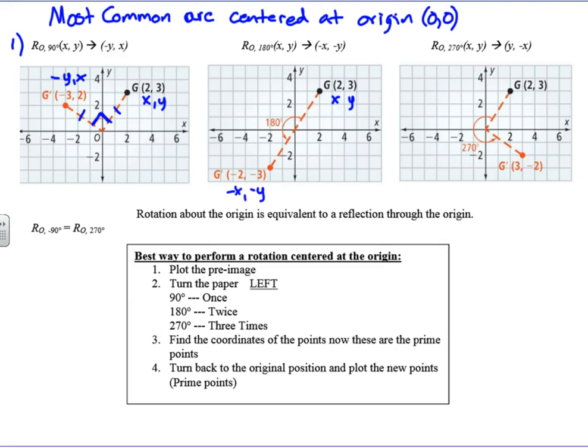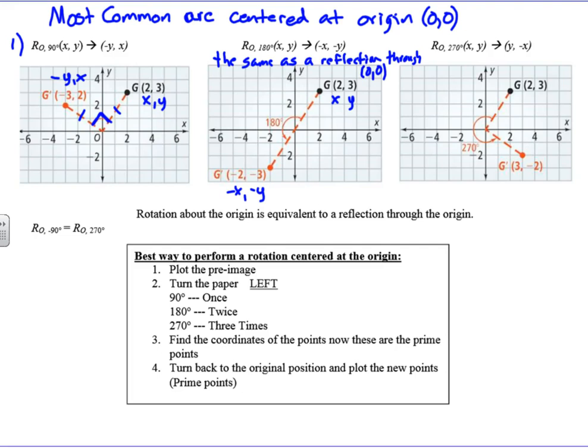A rotation of 180 is the same as a reflection through the origin. So if you ever have to do a reflection through the origin, it's the same as a rotation of 180 degrees.